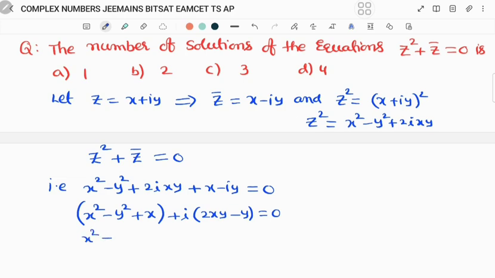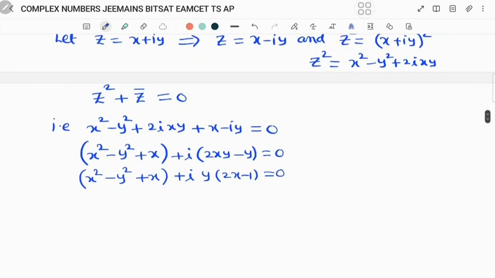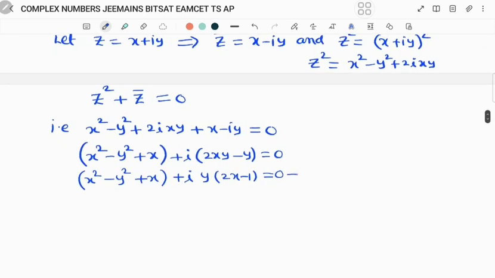So x square minus y square plus x plus i into y into 2x minus 1. So 0 can be written as 0 plus i into 0.